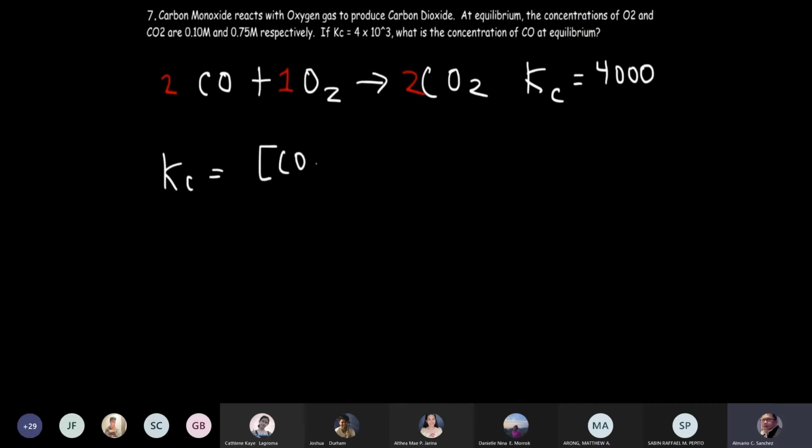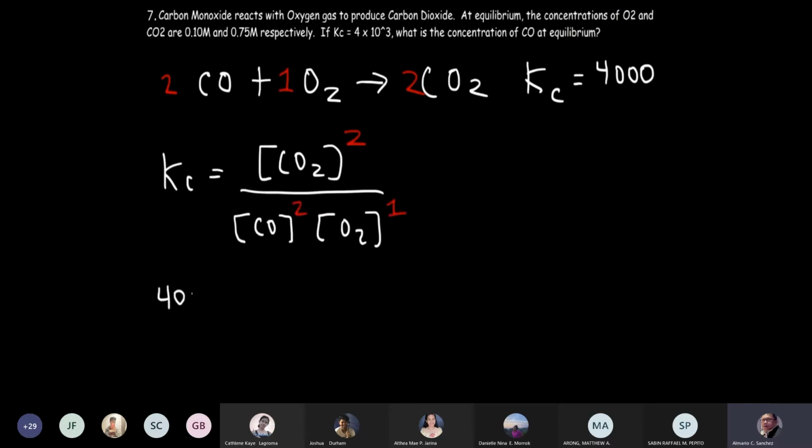So it's products over reactants. On the product side, we have CO2, and on the reactant side, we have CO and O2. The coefficient in front of CO2 is a 2, so we need to put that here. And for CO, it's also a 2, and it's a 1 for O2.